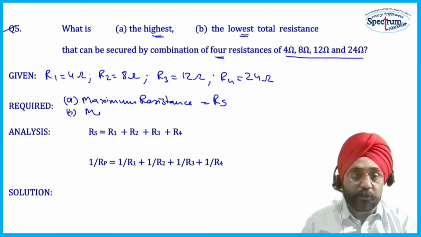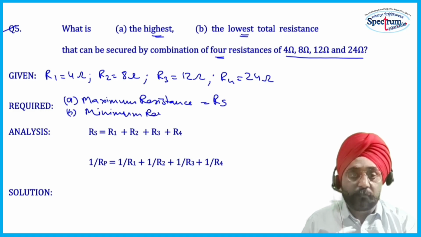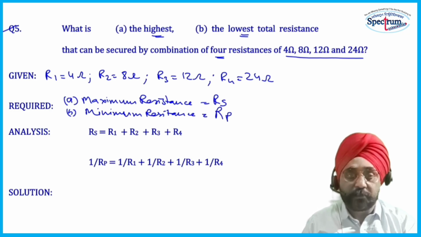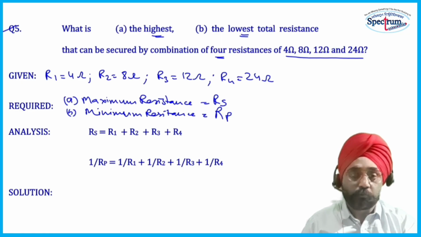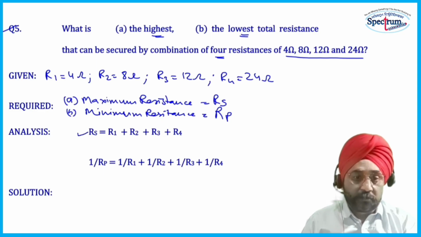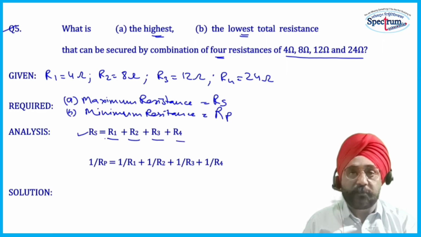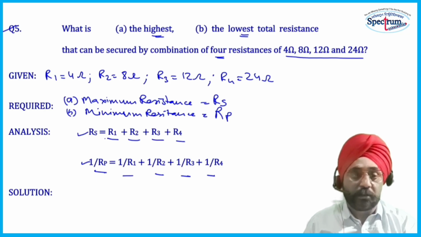In B part, we need to find the minimum resistance. Minimum resistance we get in parallel combination, so we will find RP. Using the resistances, we will find the series and parallel combination resistance. The series formula is RS is equal to R1 plus R2 plus R3 plus R4, and for parallel, 1 over RP is equal to 1 over R1 plus 1 over R2 plus 1 over R3 plus 1 over R4.